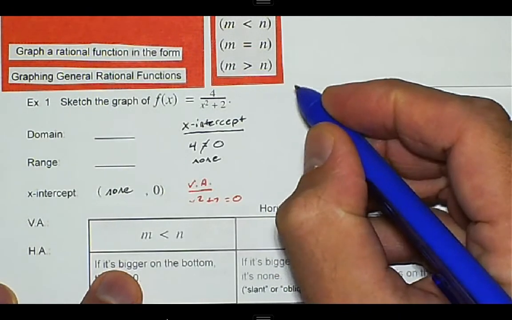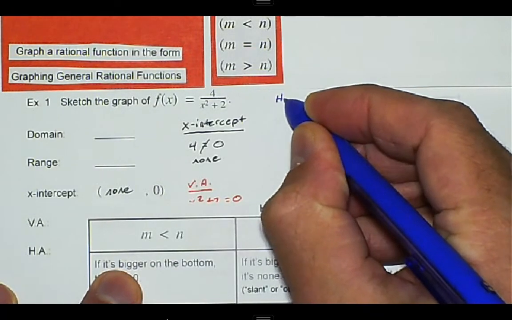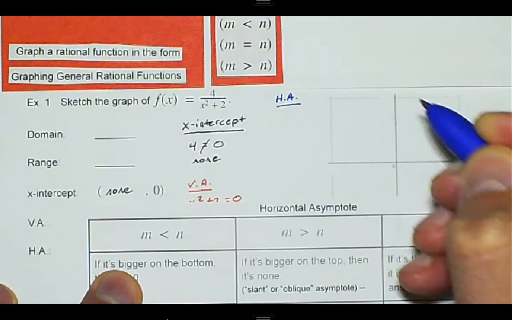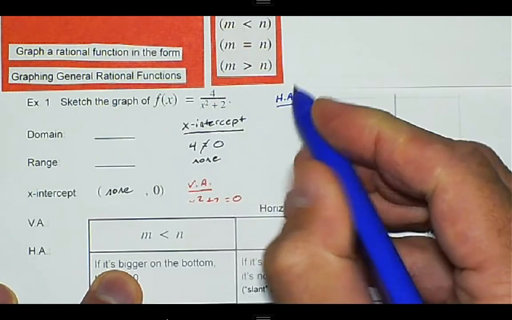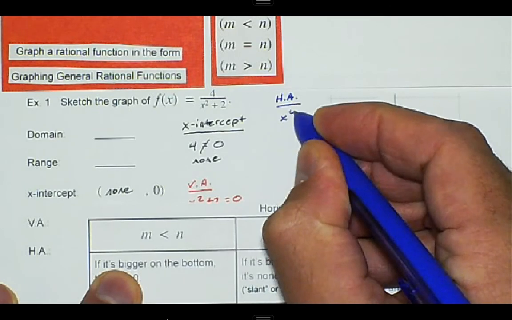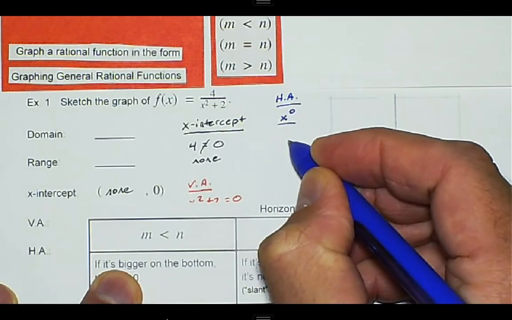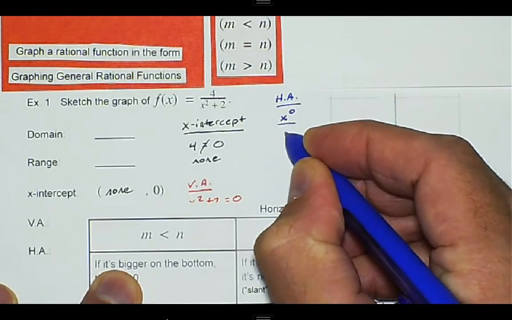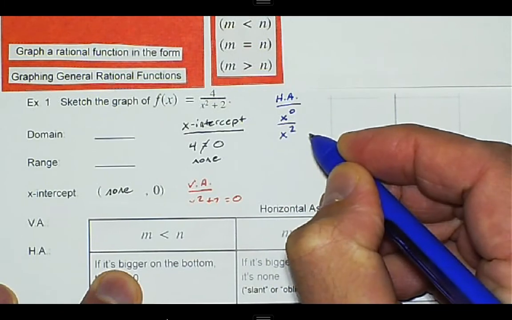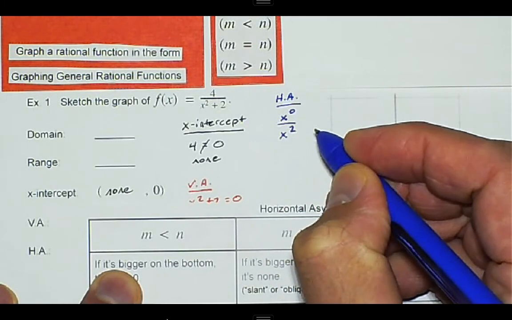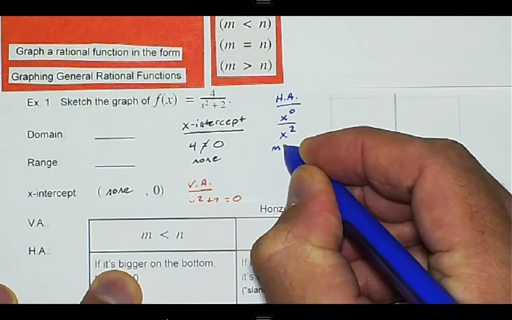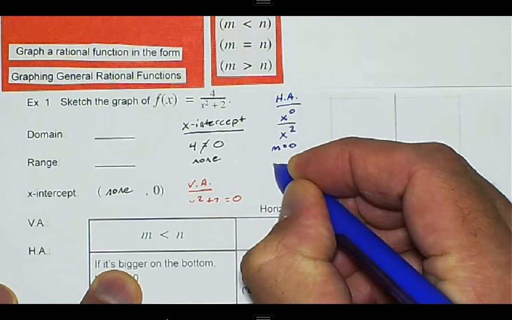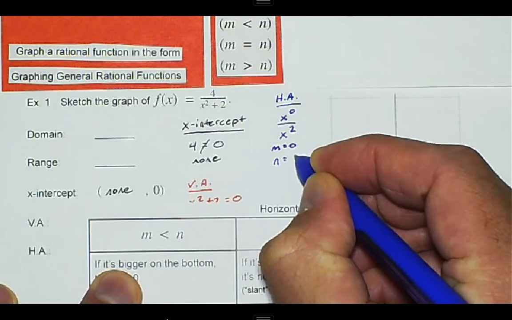So for our horizontal asymptote, here the degree of our numerator is 0, and the degree of our denominator is 2. So the m value is equal to 0, and the n value is equal to 2.